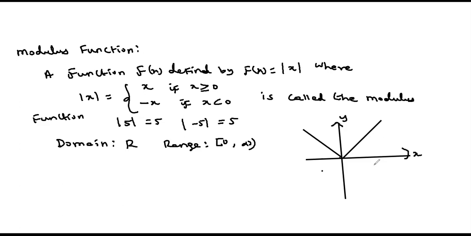Here this portion is called plus x and this portion is called minus x. So here that will be 0. This is our modulus x graph. Graph of modulus x பார்த்துக்கிட்டியா?